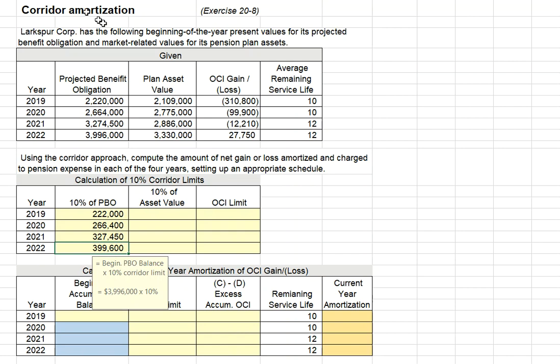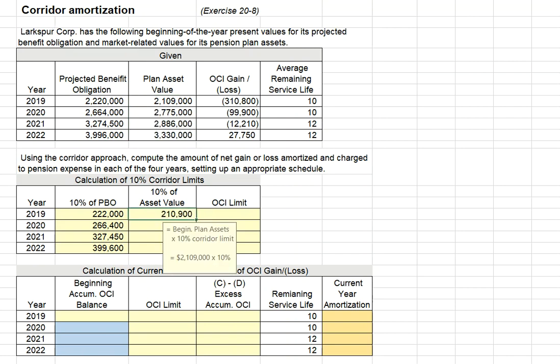Next, we're going to calculate 10% of the pension plan asset values at the beginning of the year. It's $210,900 for 2019, $277,500, $288,600 for 2021, and finally $333,000 for 2022.